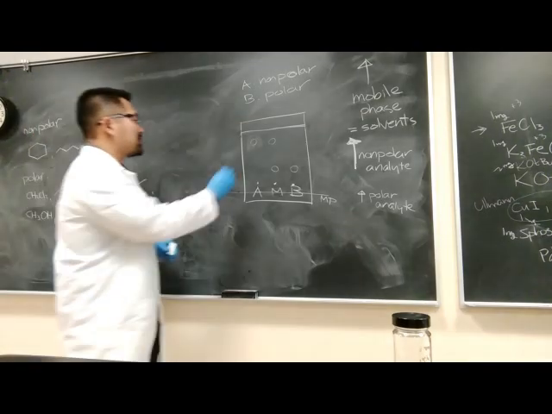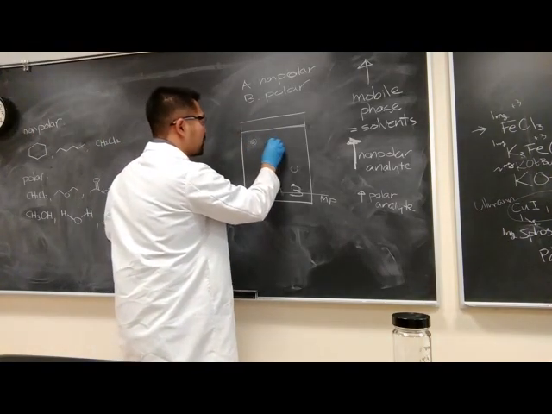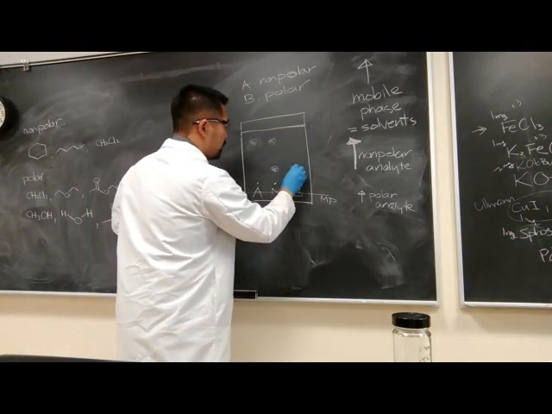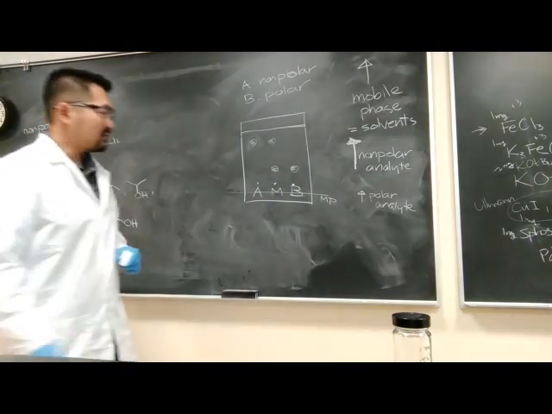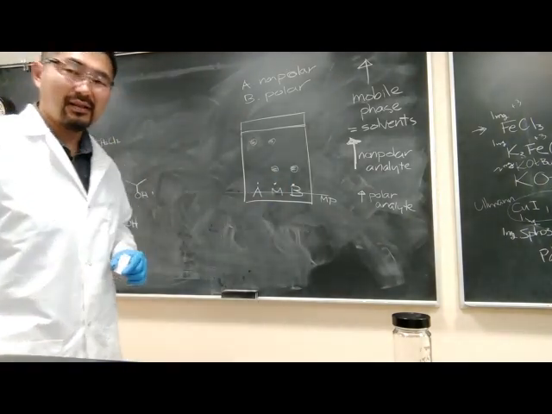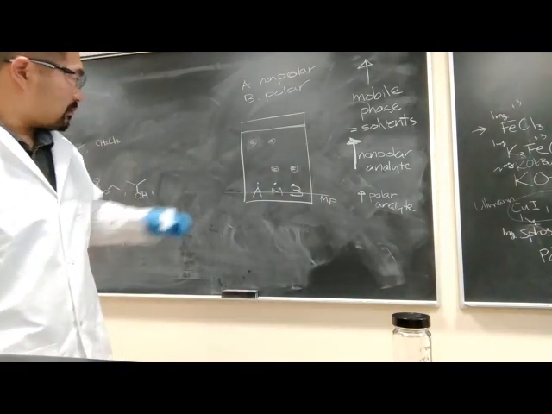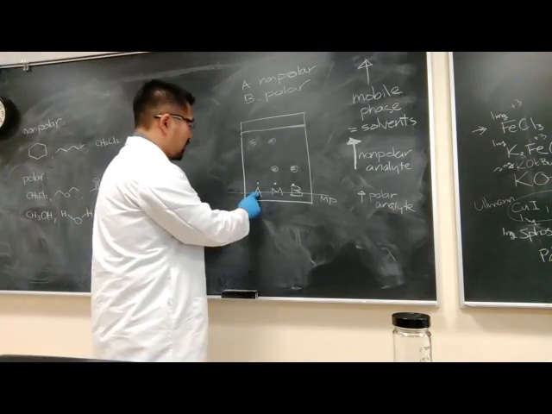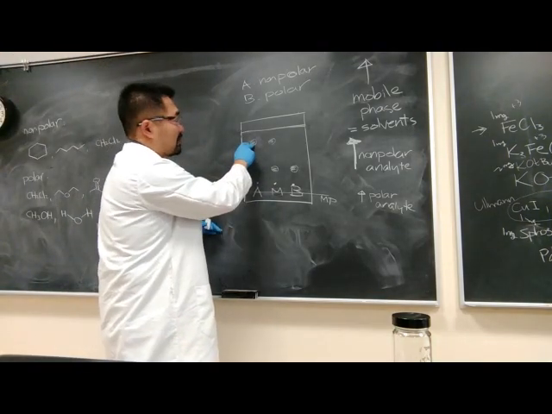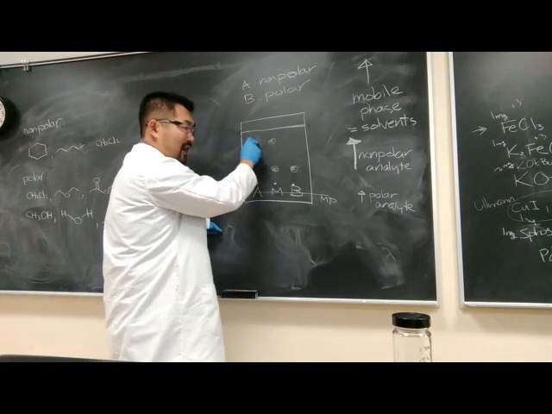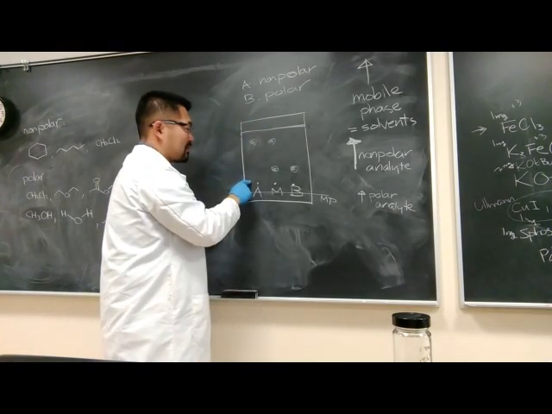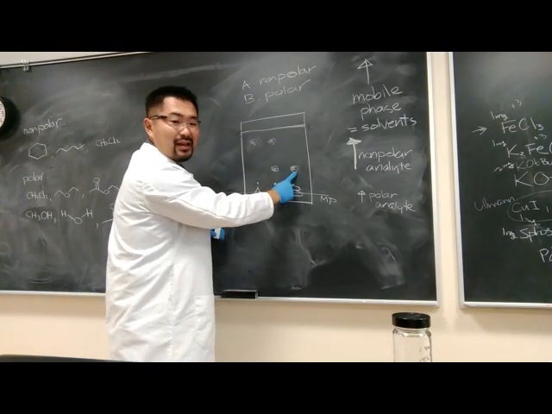Now this is what it would look like if we were to spot these two analytes on the TLC plate. What we are showing here is that sample A, remember, is non-polar, so it travels faster because it doesn't interact with silica gel as much, whereas sample B is polar.